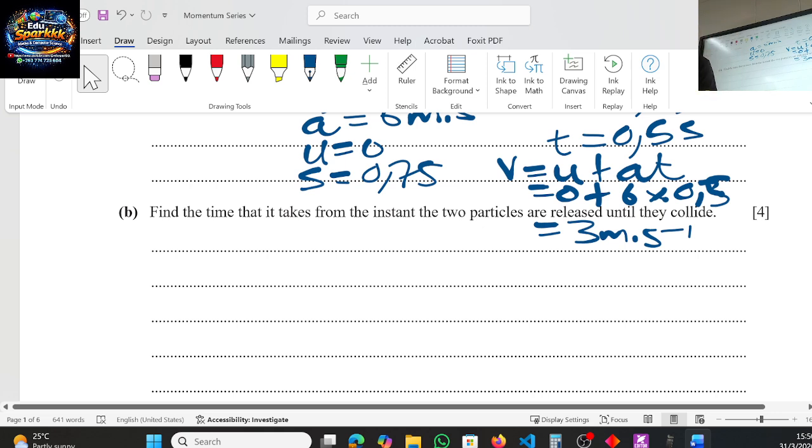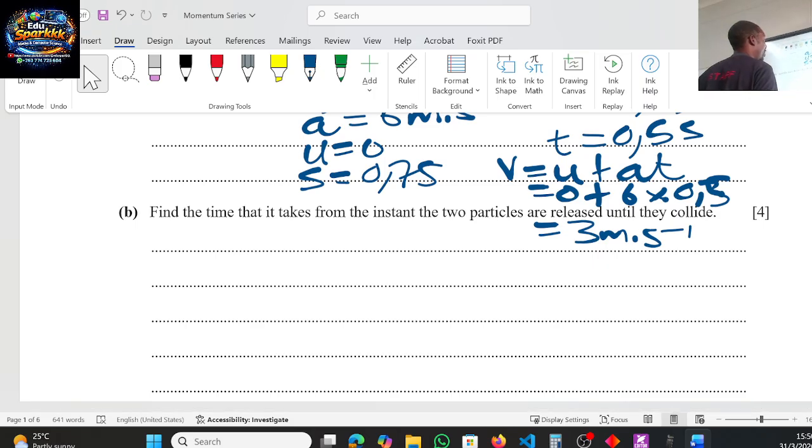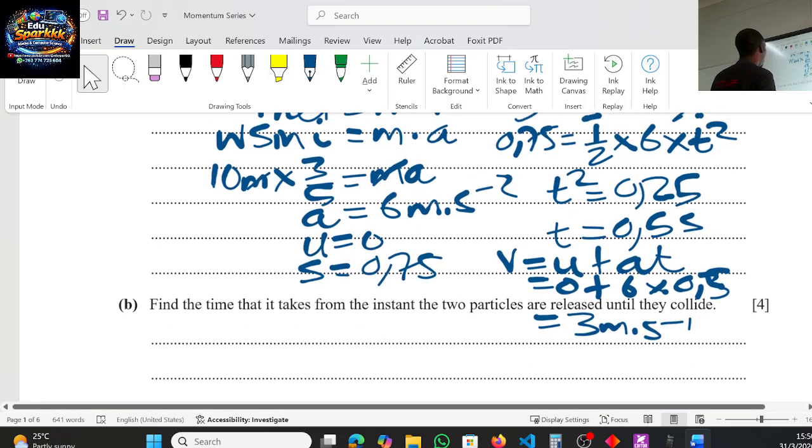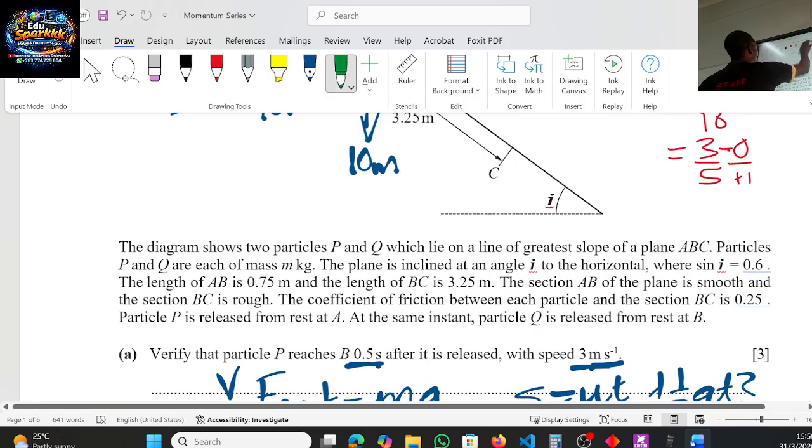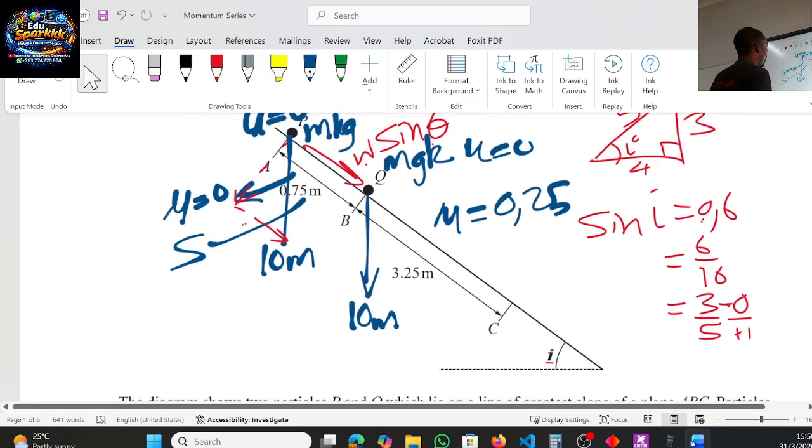Now find the time that it takes from the instant the two particles are released until they collide. So until they collide, in other words, when they collide, they will have covered the same distance. So what do we know? If we come back to our shape, let me change my color to green, and we discuss.